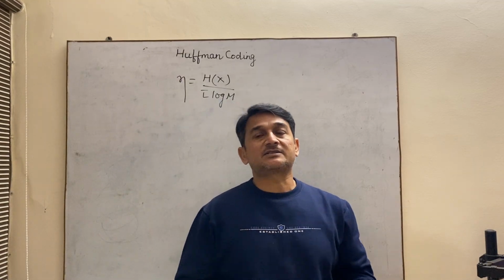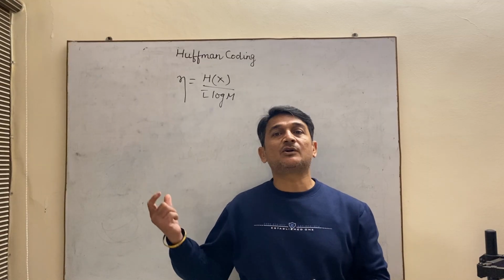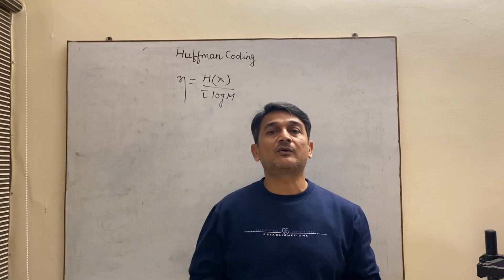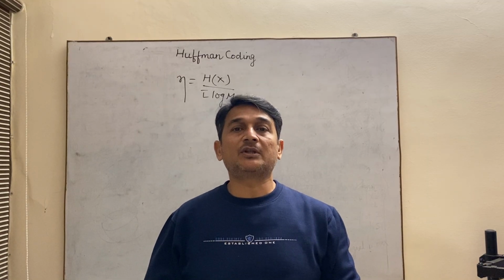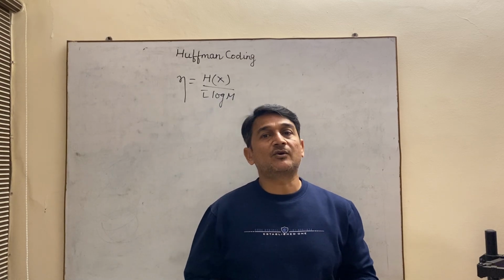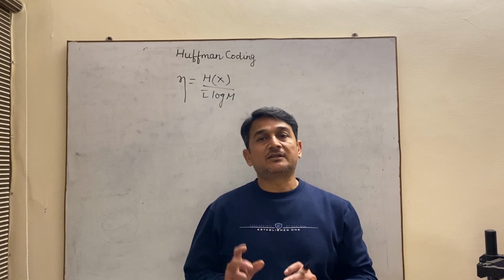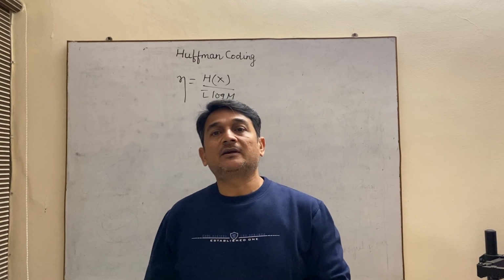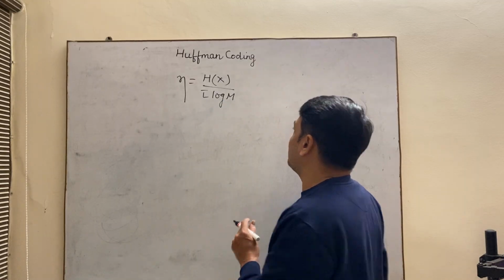The step will remain same for this method also. That means in Huffman coding also you have to arrange all the probabilities in descending order or in decreasing order. This is a very essential part which you need to take care of.